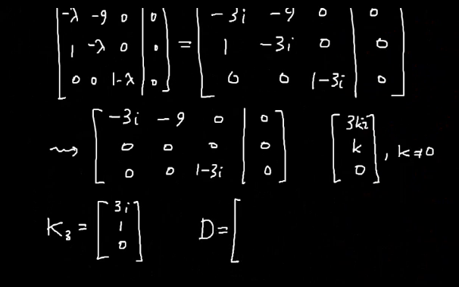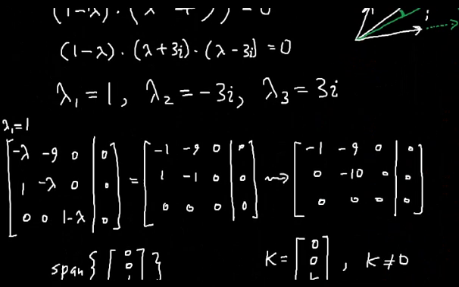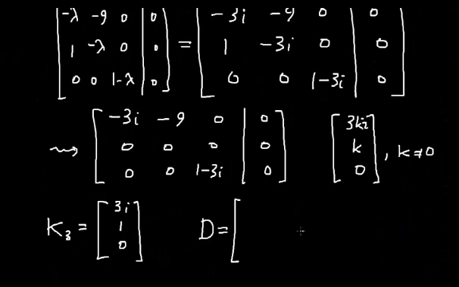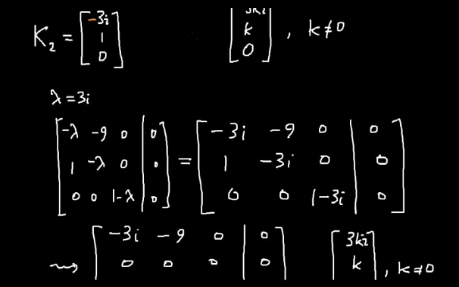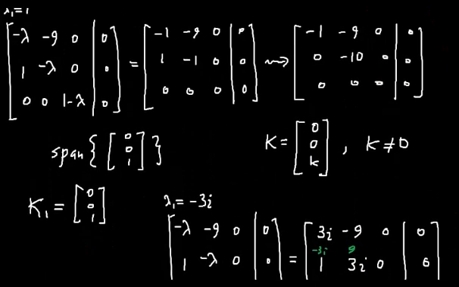These were, I think, 1, minus 3i and then 3i. So 1, minus 3i and 3i. And then we have a bunch of zeros here. And what about the matrix P? Well, for the eigenvalue 1, the eigenvector was 0, 0, 1.